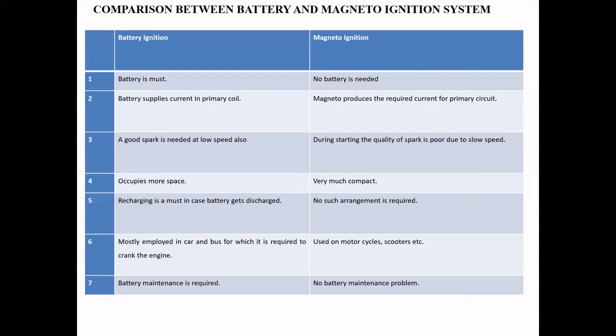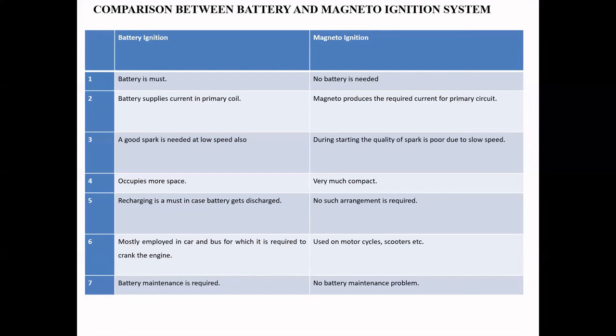Less voltage produces a poor spark. In the case of the battery, whether the engine speed is low, medium, or high, at all conditions it will produce a strong spark.